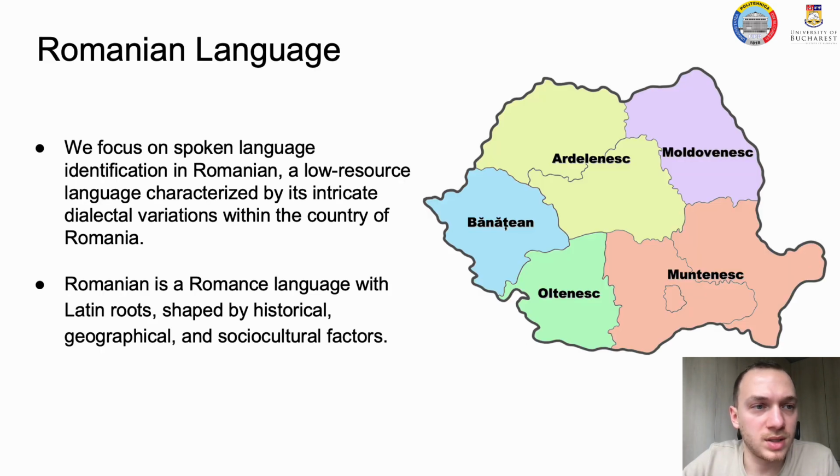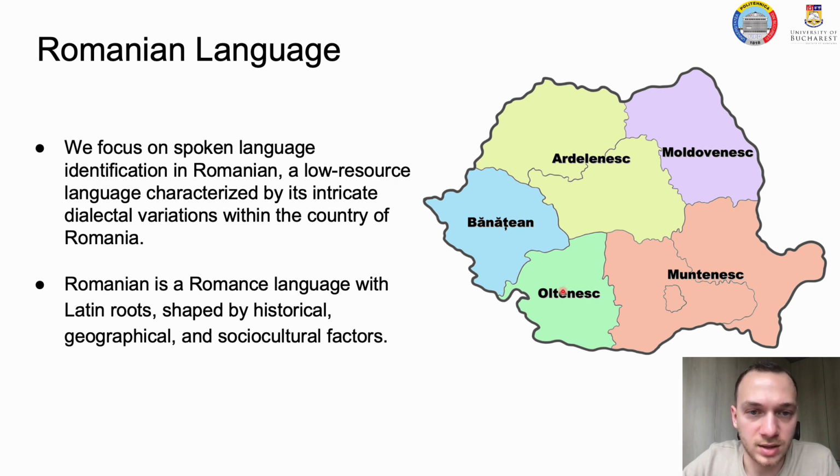Now, let's talk a bit about the Romanian language. We focus on spoken language identification in Romanian, a low-resource language characterized by its intricate dialect variations within the country of Romania. Romanian is a Romance language with Latin roots shaped by historical, geographical, and socio-cultural factors.